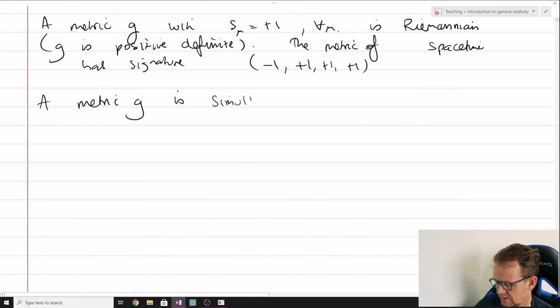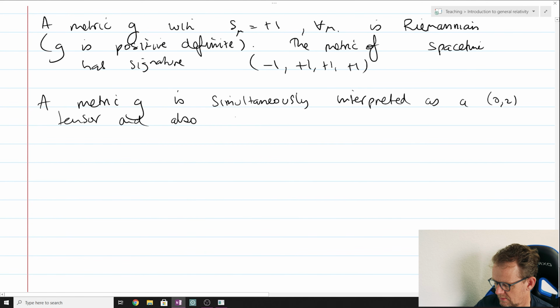So a metric g can be simultaneously interpreted as a 0 2 tensor, and also as a vector in a tensor product vector space, and also as a multilinear map from Vp cross Vp to R.